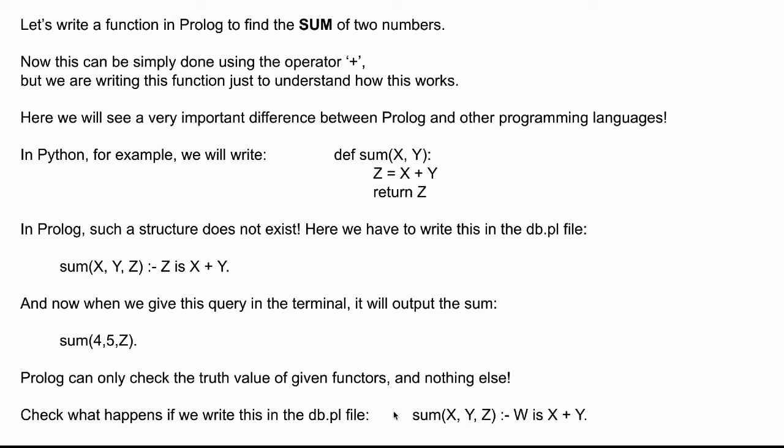But after that, try out this variation also. Here you have sum of x, y, z, but on the right hand side you have w in place of z. Try this out, and in the query in the terminal write the same thing, sum of 4 5 z, and let's see what you get. Again, try this out because it will help you understand what exactly is going on.